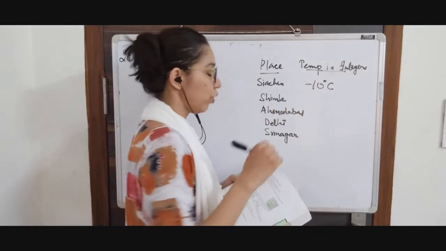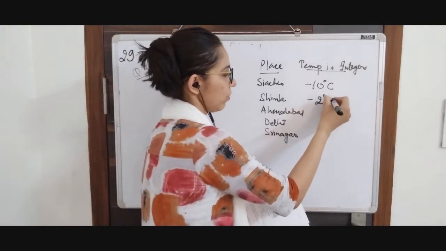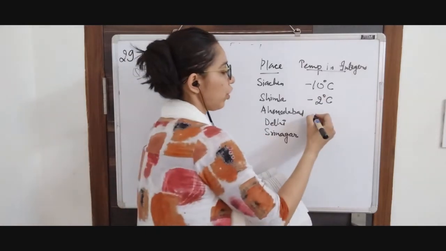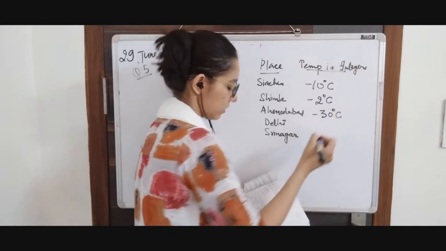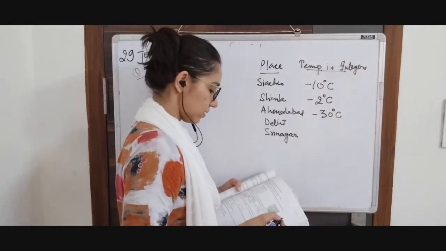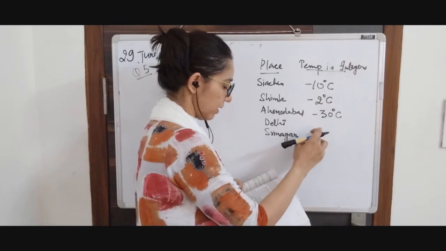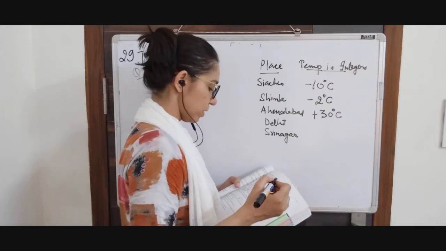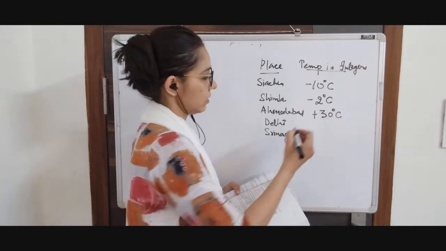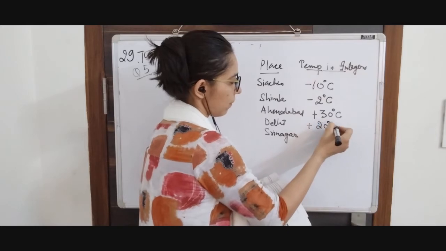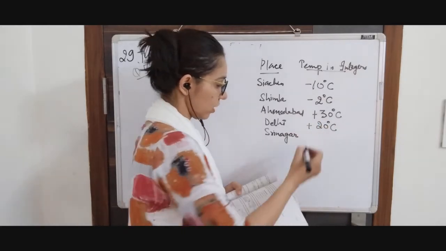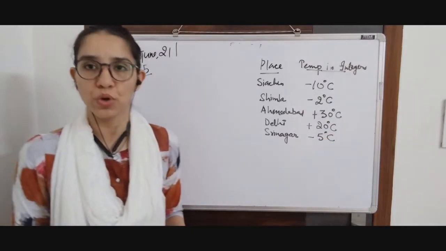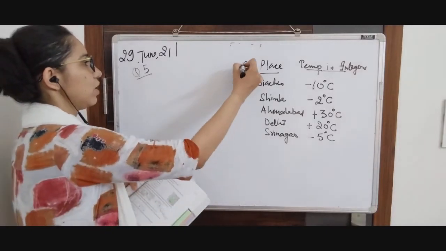Shimla, 2 degree below 0 degree Celsius, is going to be minus 2 degree Celsius. Ahmedabad is 30 degree above 0 degree Celsius, so 30 above means we are going to use the positive sign. Delhi is 20 degree above 0 degree Celsius. It is going to be positive because it is above 0 degree Celsius. And Srinagar is going to be minus 5 degree Celsius because it is 5 degree Celsius below 0 degree Celsius. This was our part A.